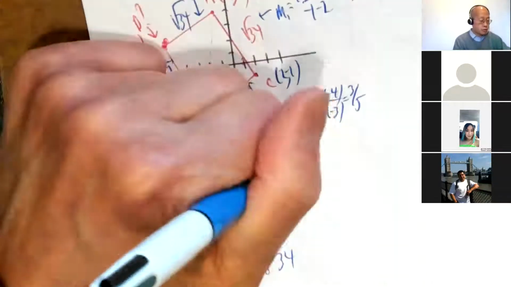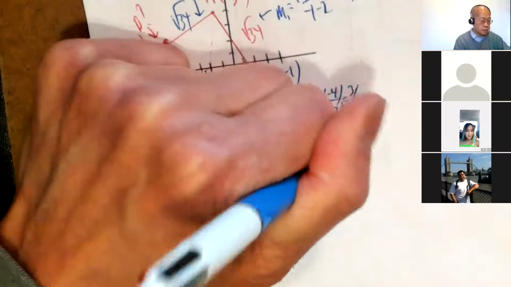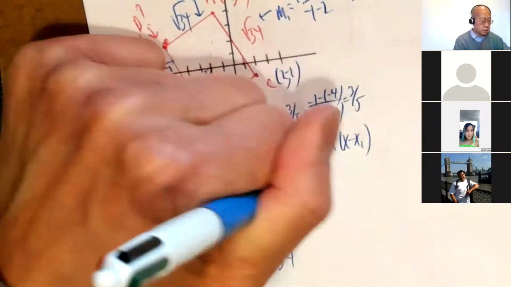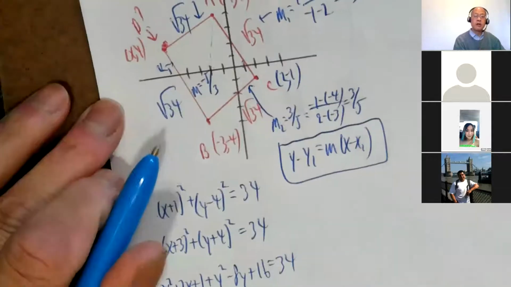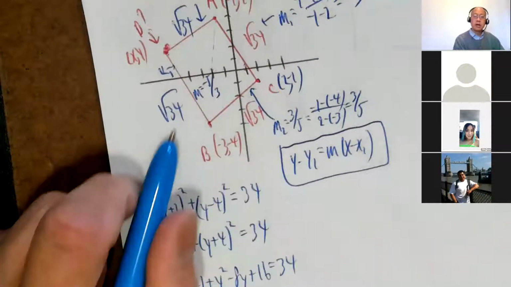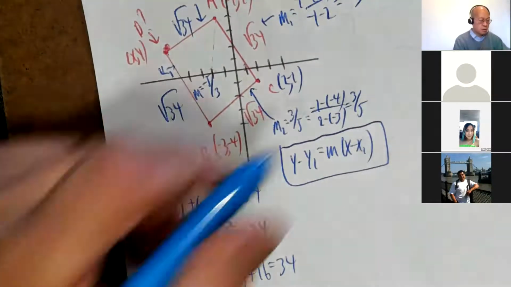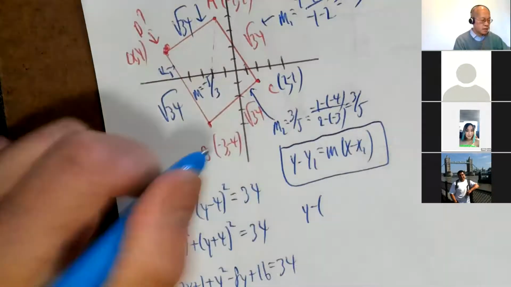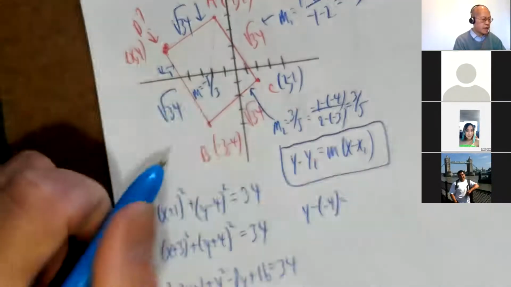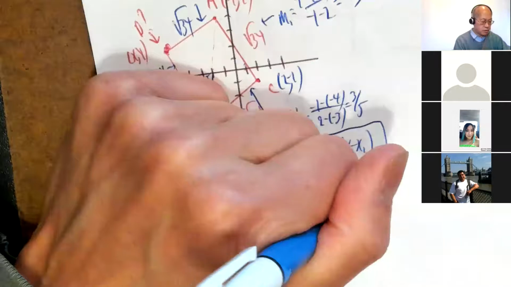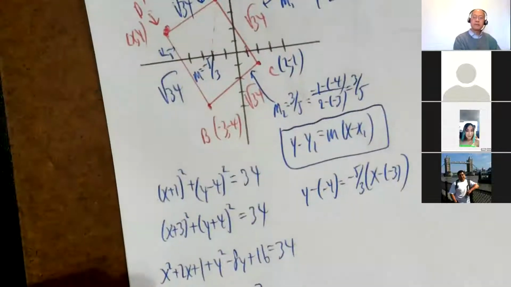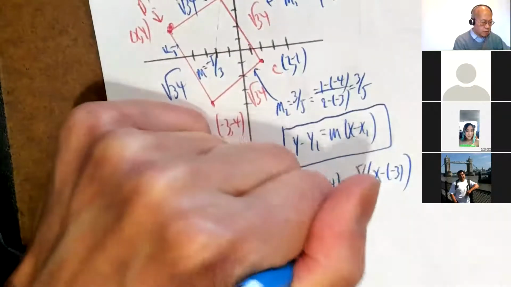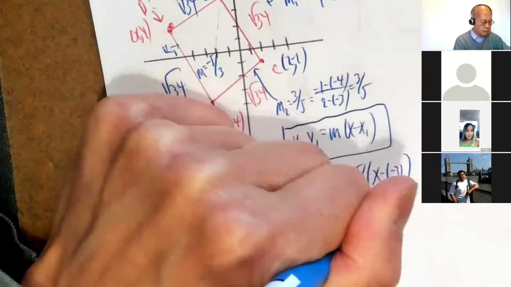Okay, so I'm going to use y minus y1 equals m times x minus x1, the point slope form. I'm going to call this line 1, L1. So here's a point, and the slope was negative 5/3. So y minus a negative 4 equals negative 5/3 times x minus a negative 3. So y plus 4 equals negative 5/3 x.